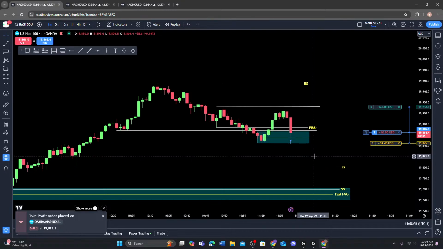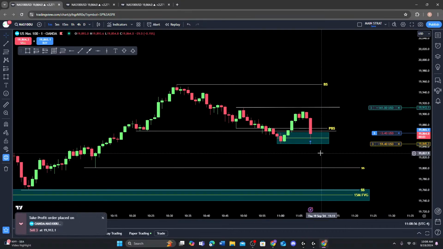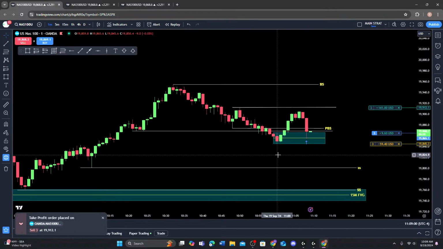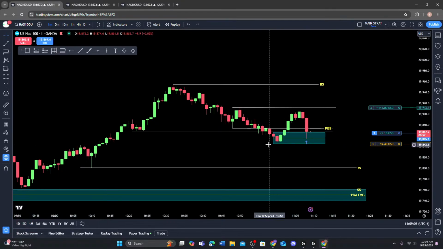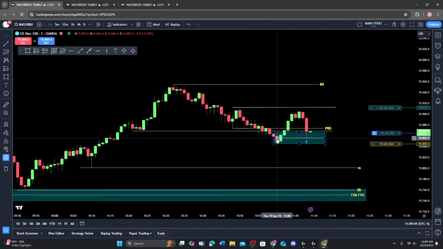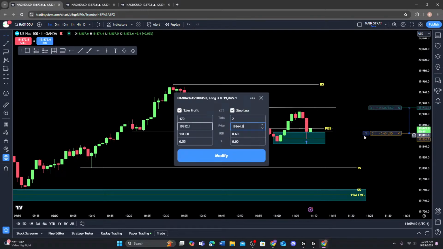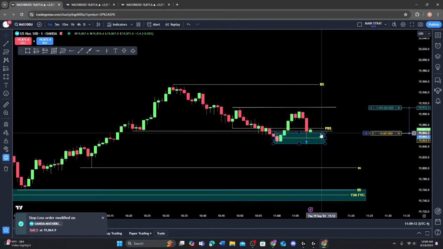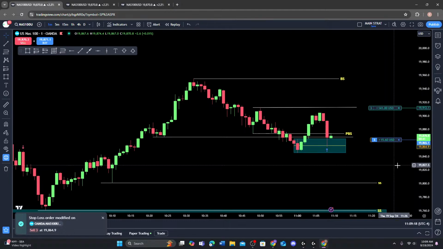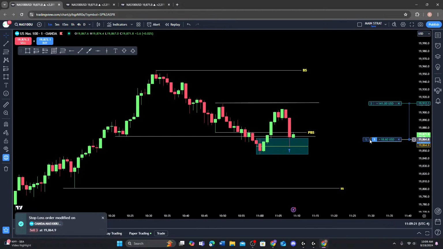This is probably a bad buy. I really don't like it at all. Yeah, I don't like this buy. So I'm just going to put my stop loss.